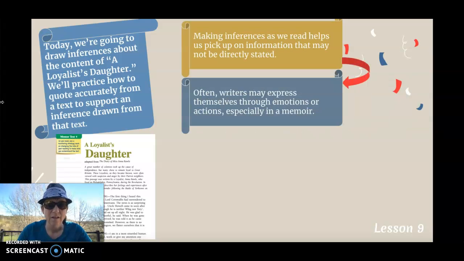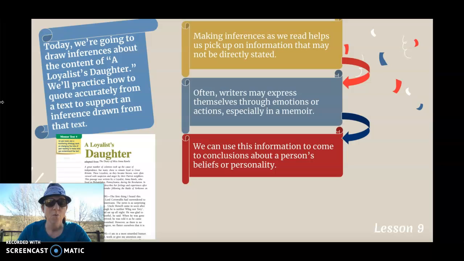Often writers may express themselves through emotions or actions, especially in a memoir. Now, we've talked about memoirs before. It's written by somebody who actually experienced the event. So we can use this information to come to conclusions about a person's beliefs or personality.